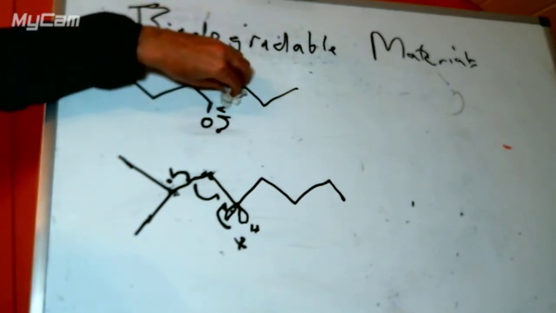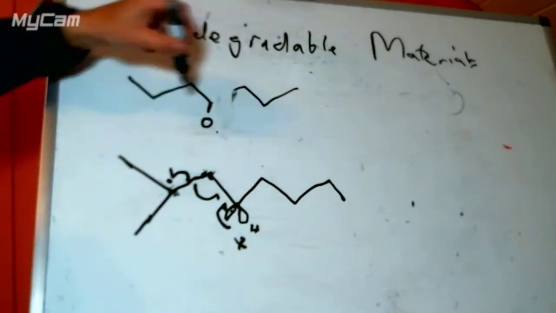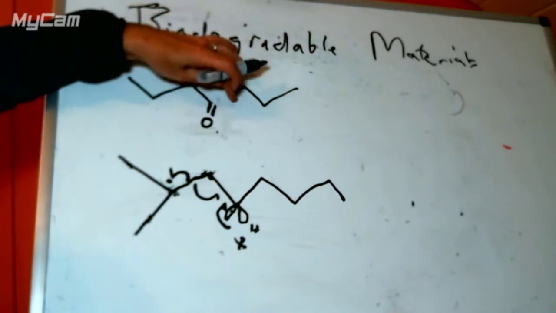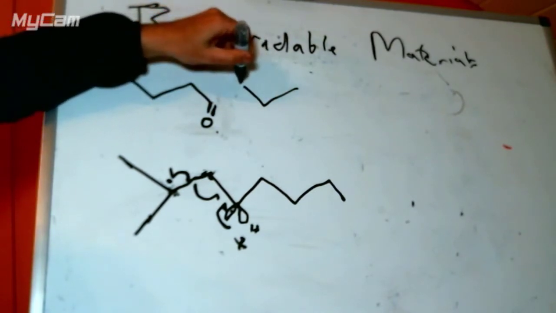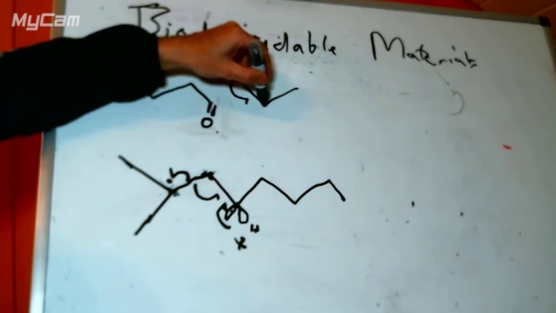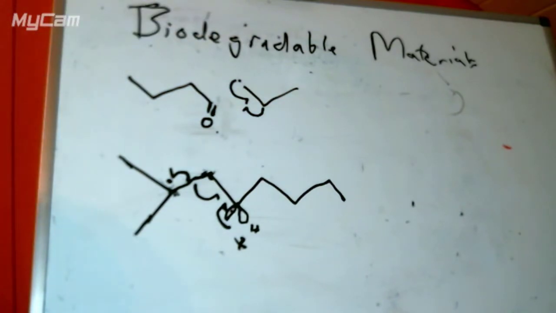So we would then have this species here, which is not radical anymore, and we've broken this bond. This would be a radical, but we will do the same thing here. We will give a hydrogen up and form a double bond instead. That is typically what would happen.